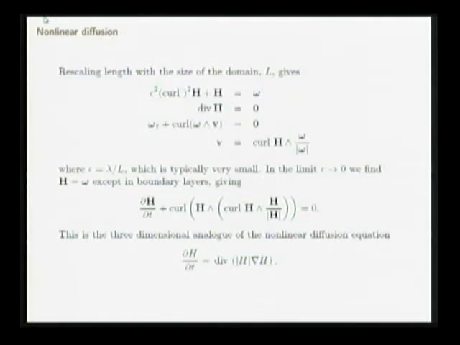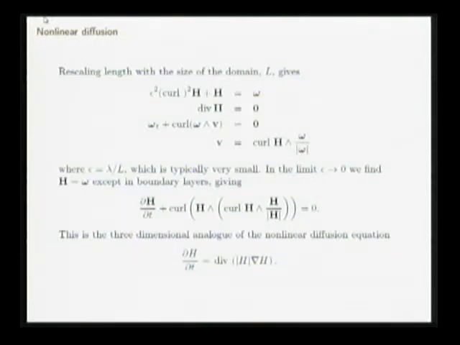And again, as I said, lambda is typically about 0.1 microns. So if your sample is a lab-sized sample, even on the millimeter size, this epsilon is going to be very small. And so to leading order, apart from in boundary layers, that's going to tell you that H is equal to omega. And if you put H equal to omega and combine all these equations together, then you can write down a single equation for H, which is a vector equation that's got four cross products in it.